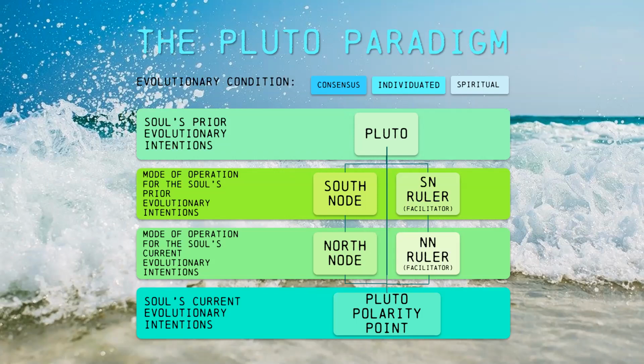You can understand core intentions, you can understand core themes of an isolated Pluto aspect, but to really see what it means for any given soul, of course you need to have the birth chart, the paradigm, putting it in the correct context or individual context. So with that, any questions, any thoughts?